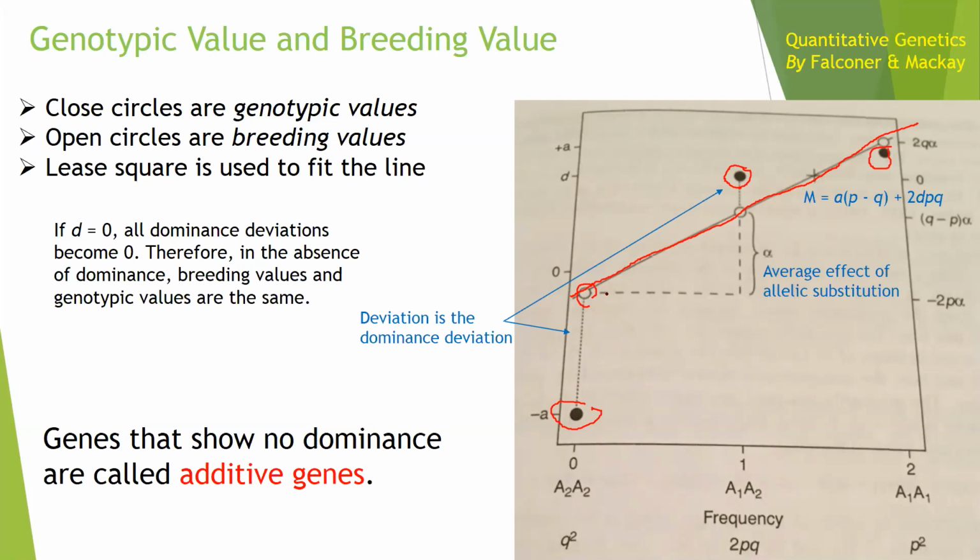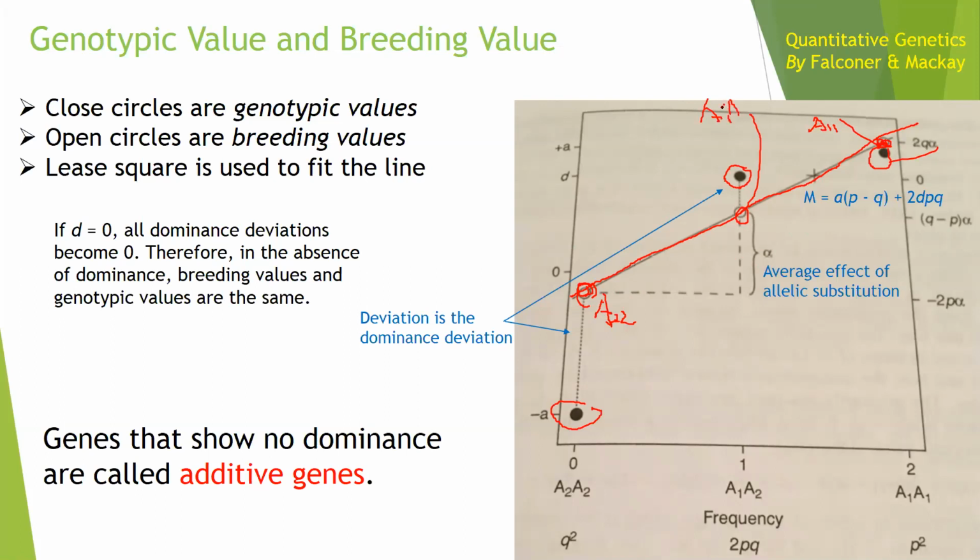So this point is the breeding value for the A22. And this circle dot here is the breeding value of A11. And this circle dot is the A12.